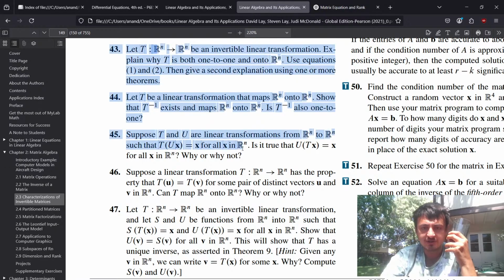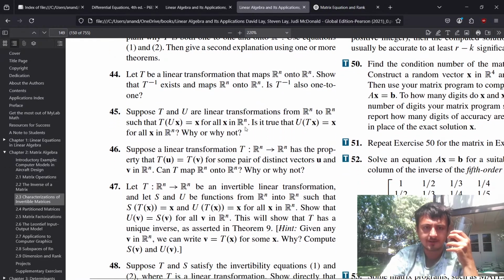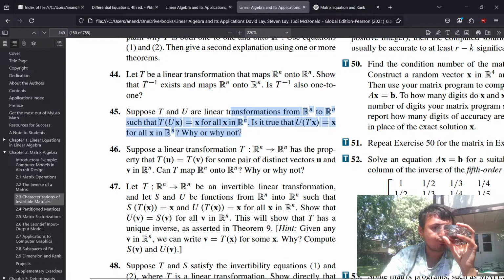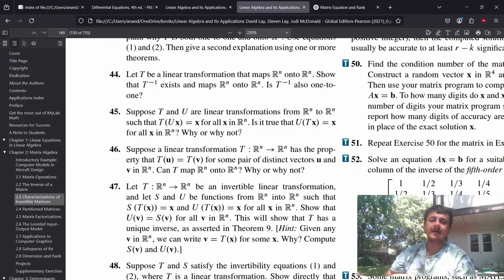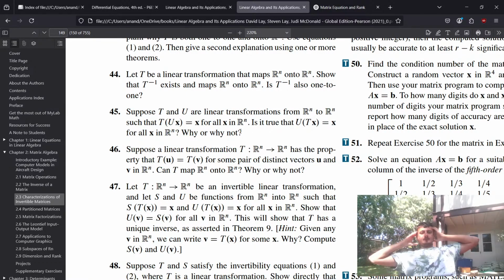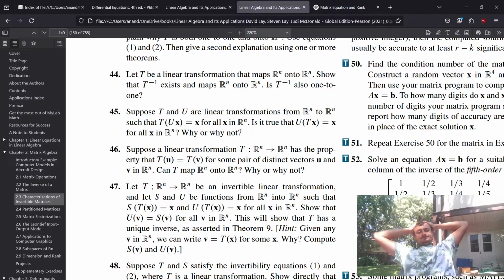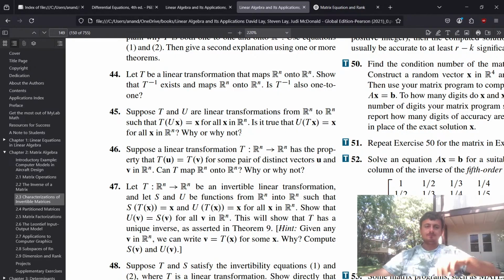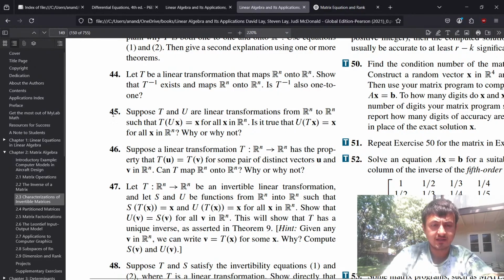Suppose T and U are linear transformations from Rn to Rn. Okay. So 45 seems like a good one. I like 45.